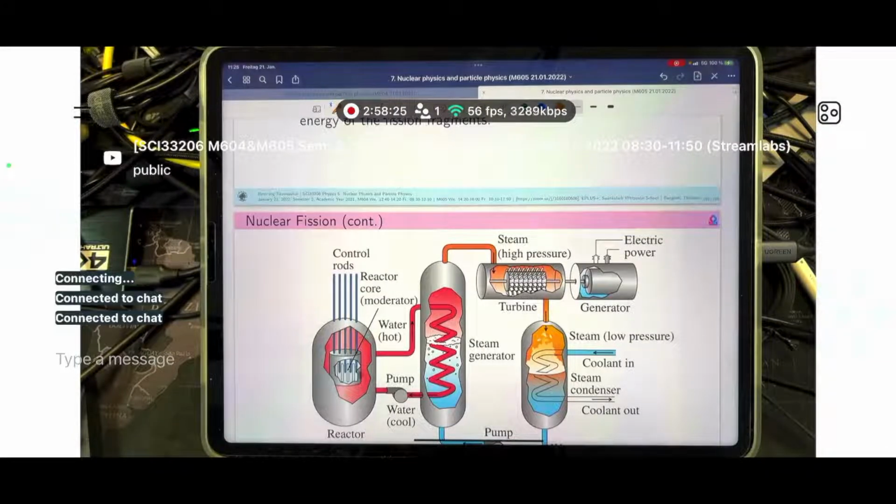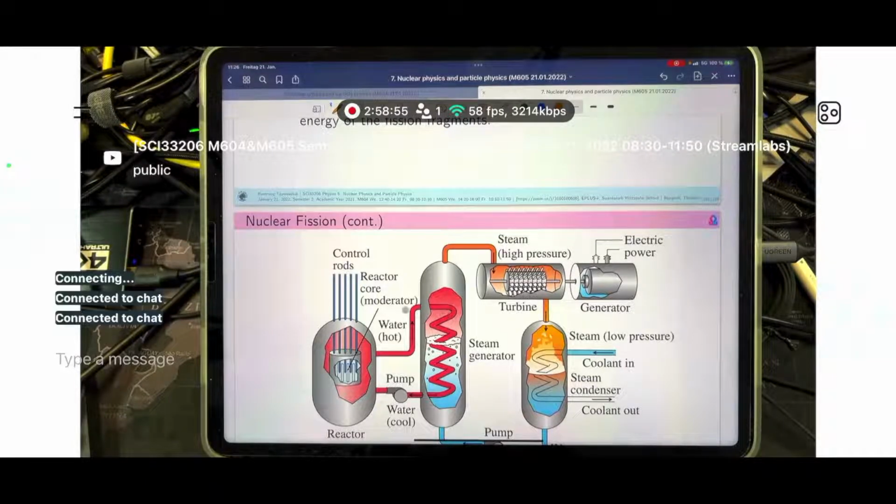We use water inside this one because after the fission, there is energy released, which is the kinetic energy of the daughter nuclei or the fission fragments. Once the fission fragments move with energy, they transfer the energy to the water, and the water is hot and flows to this pipe.